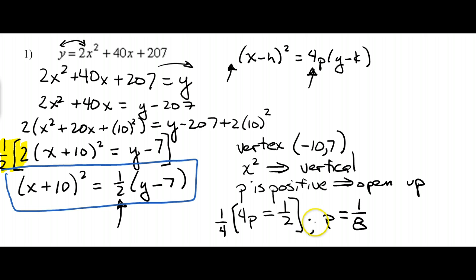So p is 1/8. And again, the importance of p when we look at some graphing is that we're going to start at our vertex, and since this opens up, we're going to go up 1/8 to get to the focus, and we're going to go down 1/8 to get to the directrix.